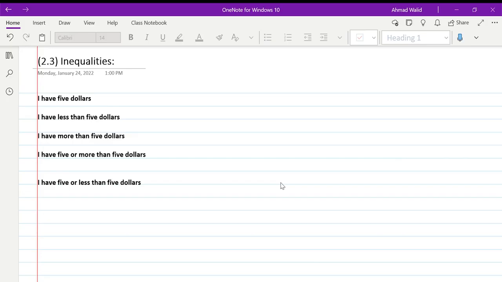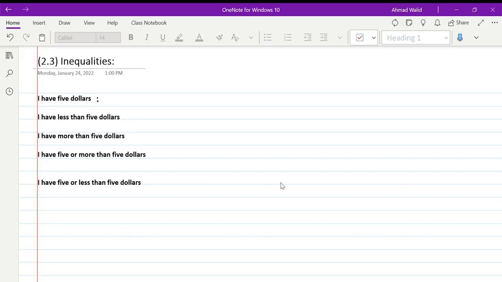But let's start from the beginning and translate what inequality means. Look, I put a few sentences on the left side of my screen for you. For example, in English, I have $5. Of course, in mathematics, we create our own language of mathematics.